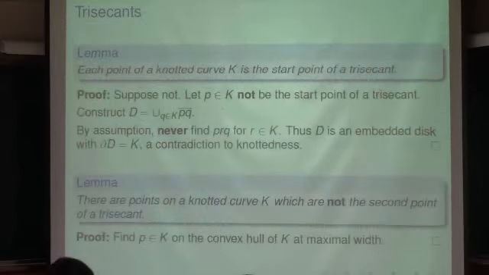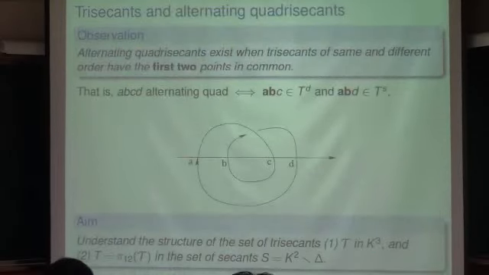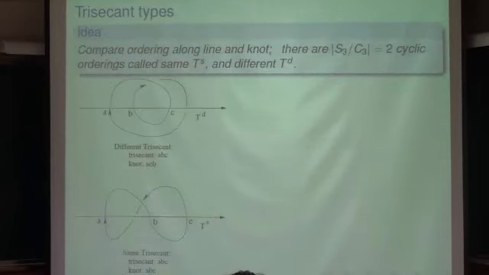Okay, so I'm talking about trisecants because eventually I want to understand alternating quadrisecants. So it turns out that there are two types of trisecants as well. Here I'm comparing oriented line and oriented knot. So I'm thinking about the cyclic orderings. And there are two types, same and different.